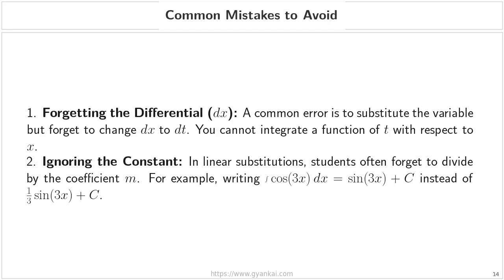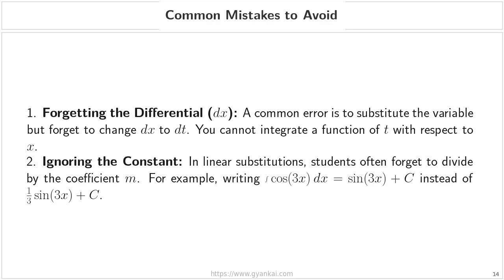2. Ignoring the constant. This one specifically comes up with linear substitutions, like the one we did with cosine of 3x. When you have an integral with a linear argument, say, something like the integral of cosine of mx plus c dx, and you substitute t equals mx plus c, you must remember to account for the m when you find dt. We found that dt equals m dx, which means dx equals 1 over m dt.